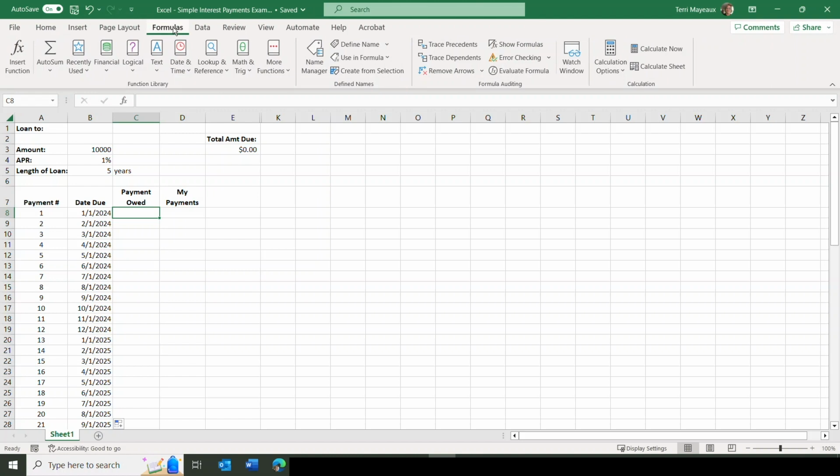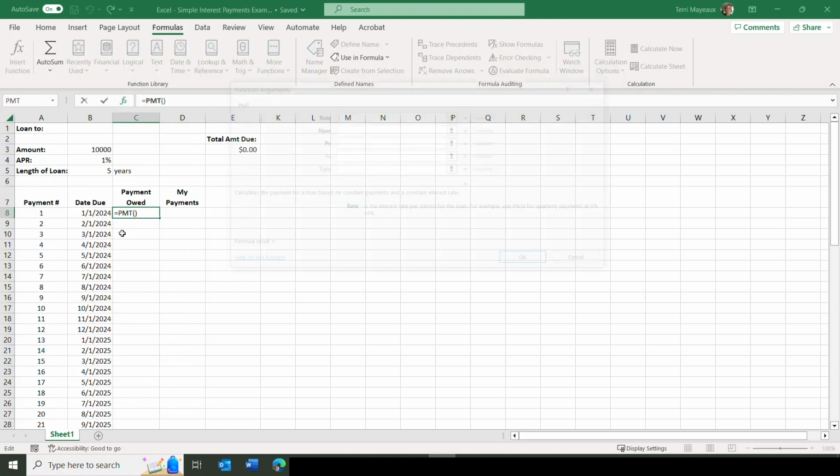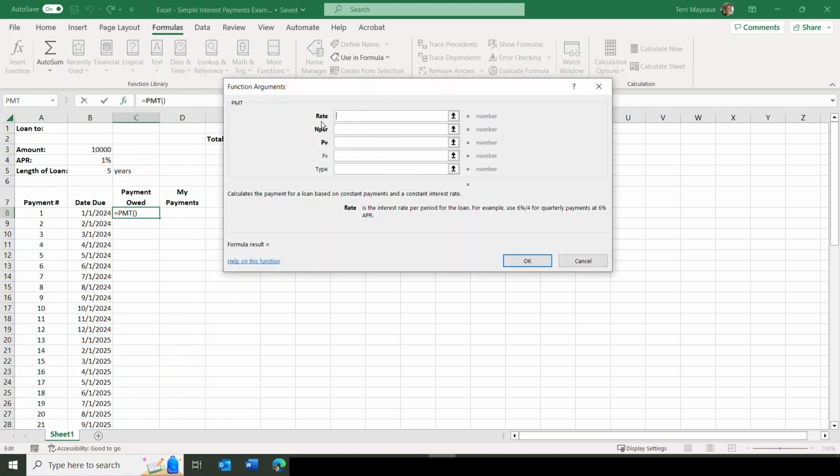And then when we look for payment and interest payment and principal payment, those kinds of things, we're going to go to Financial, which is about the second button there. And then we're going to click the drop down. Now, there are a lot of financial functions, but we're going to scroll down until we find PMT, that is payment. And then we simply figure out the answers.